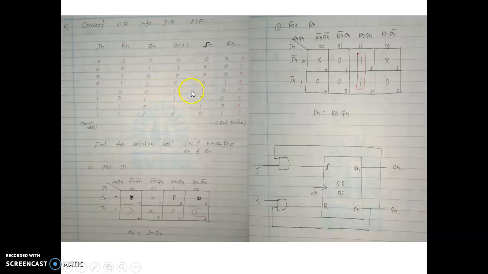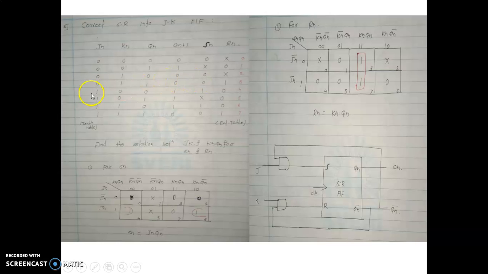For 0 1 it consists of 1 0. For 1 1 it consists of cross 0. Again for 0 1 the excitation table consists of 1 0, and for 1 0 again it is 0 1. So depending on the present state and next state we consider the excitation table of SR flip-flop. After that we have to draw the K-map.